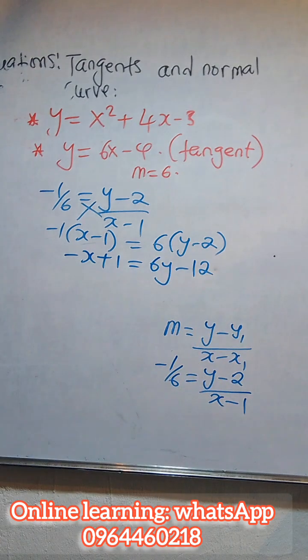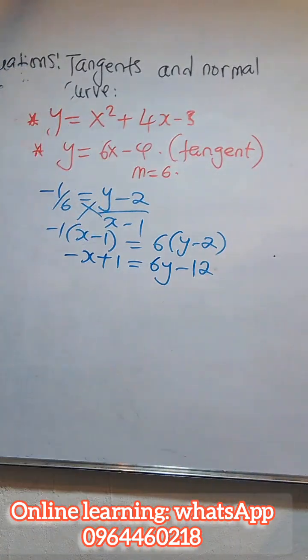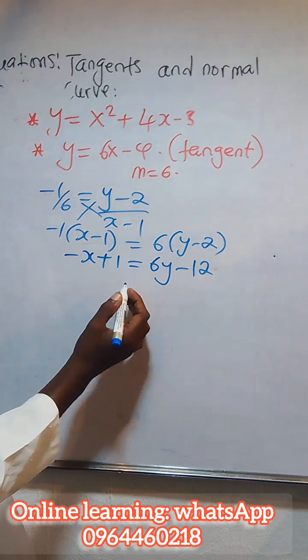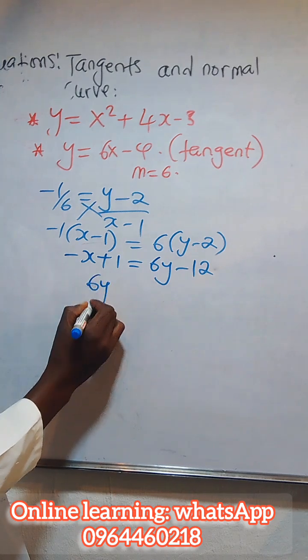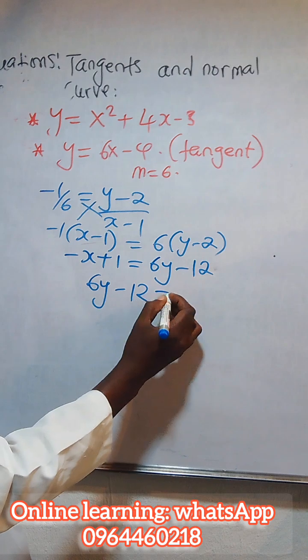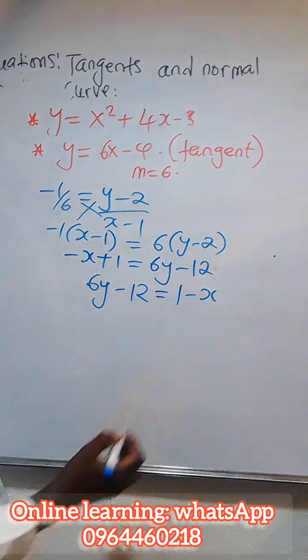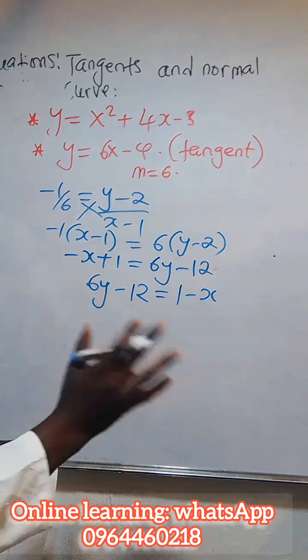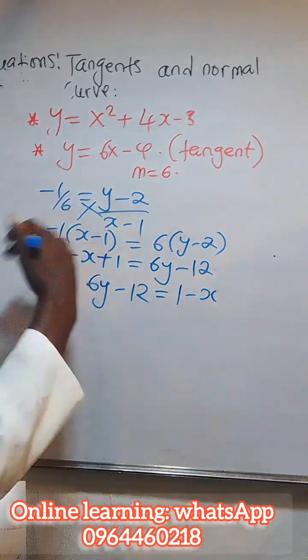From there you can just reverse this. I have just reversed, but I have not made any of the variable terms cross over.